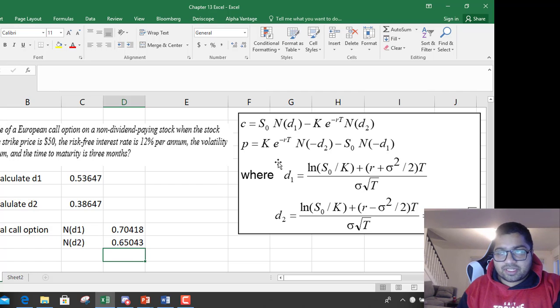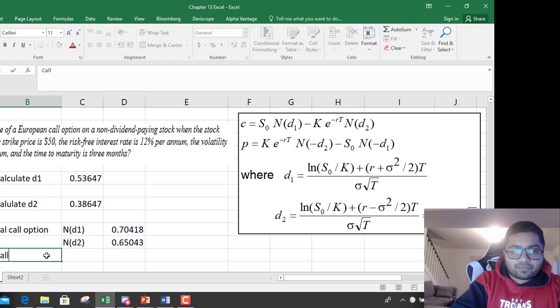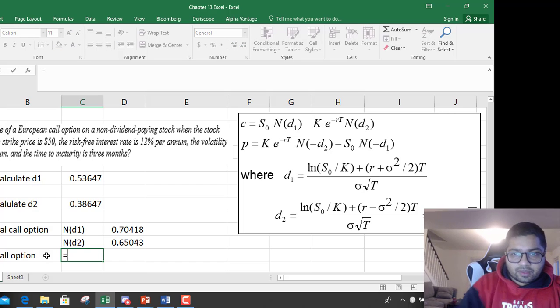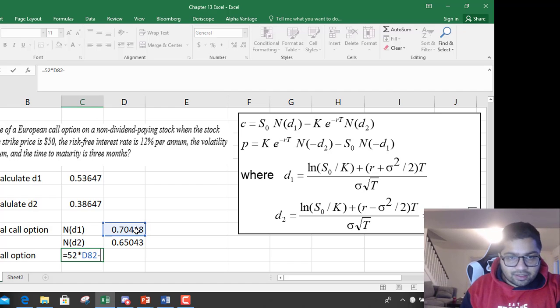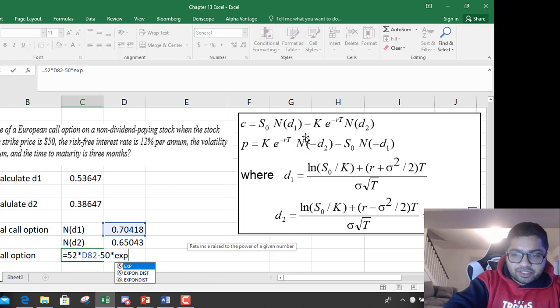Okay, so let's put it in formula. So call option C will be this formula: 52 current stock price multiplied by N(D1), minus exercise price 50 into exponential.